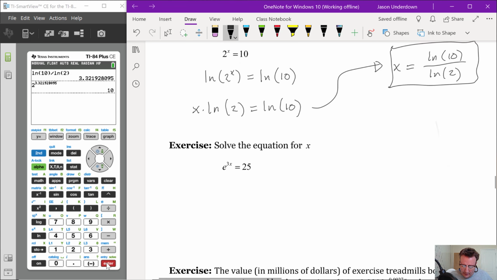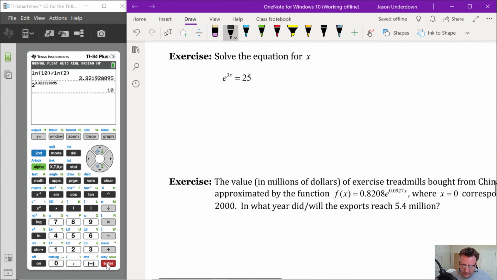Moving along, solve the equation for x. Okay, I'm going to use one of the first properties of logarithms we used and just take a natural log of both sides. And I have the natural log of e to the 3x is equal to the natural log of 25.